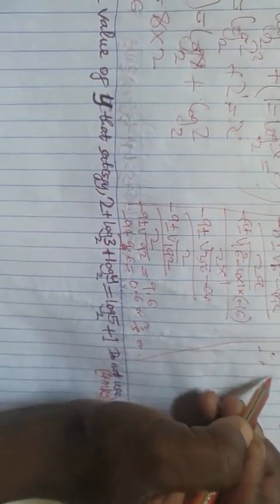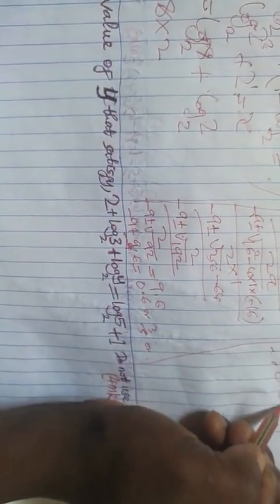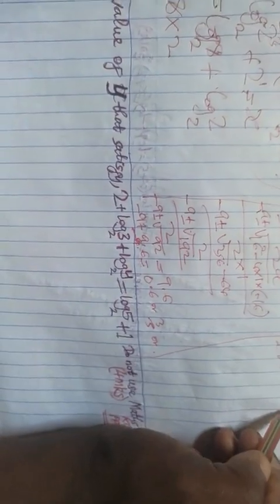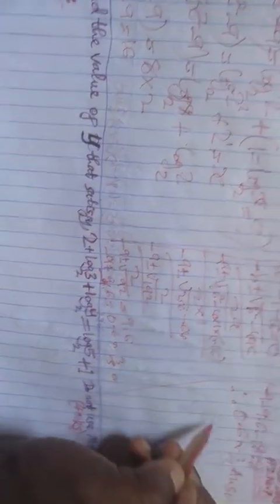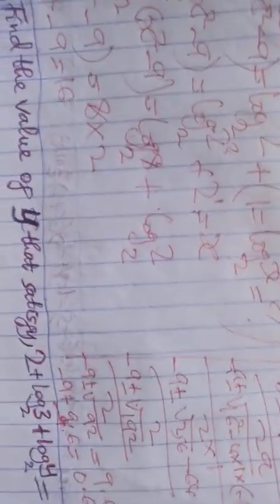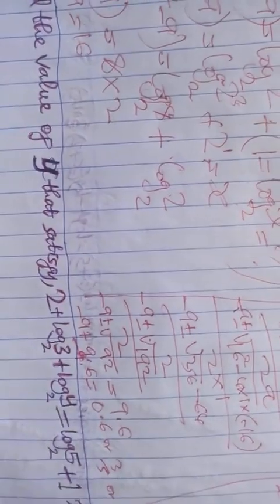Therefore 0.6 or 3 over 5 is the answer for the question. Remember, this was a KCSE question, paper 2, number 7, for the year 2005.